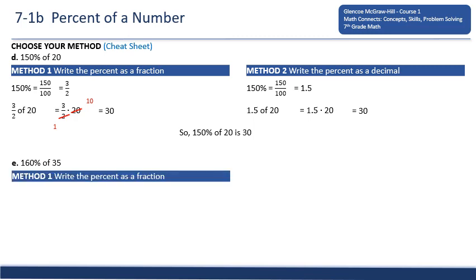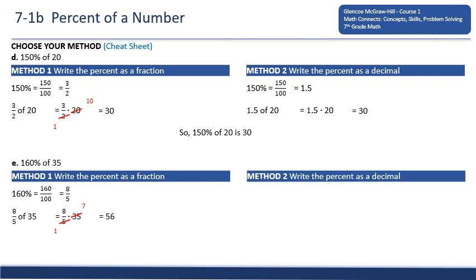160% of 35. Write the percent as a fraction. So 160% equals 160 over 100 equals 8 over 5. Greatest common factor, 20. So 8/5 of 35, or 8/5 times 35, we can simplify, and we get 7 times 8 is 56.